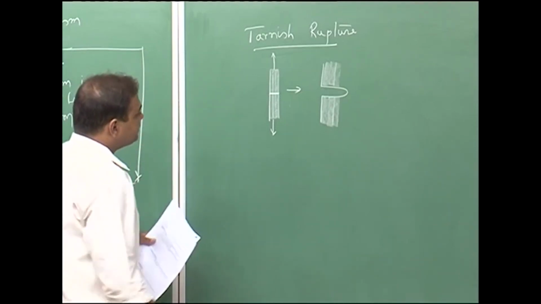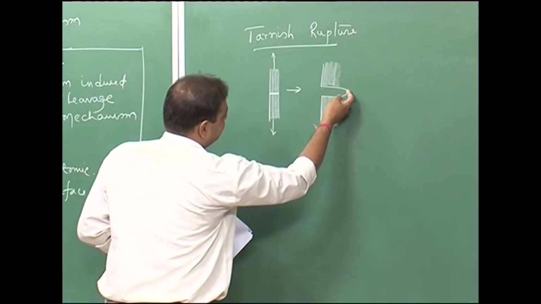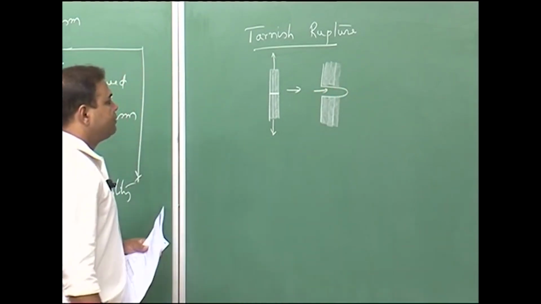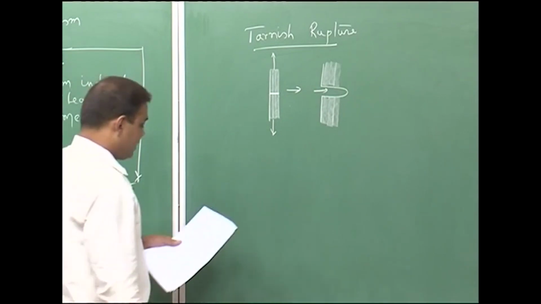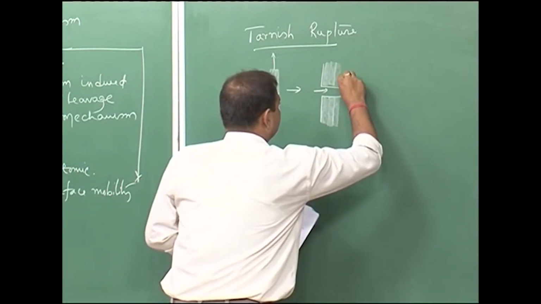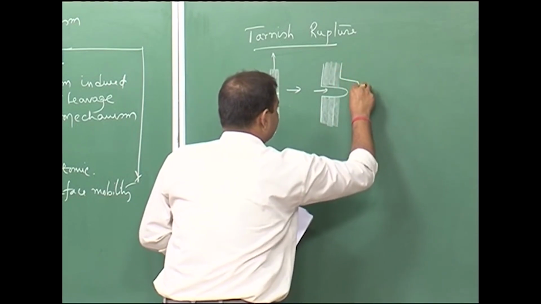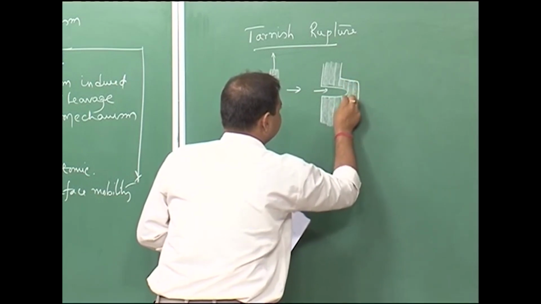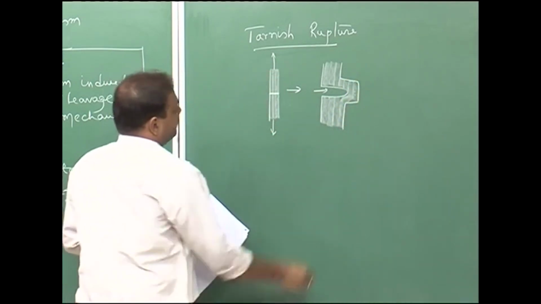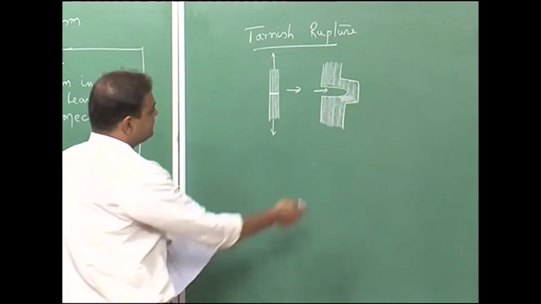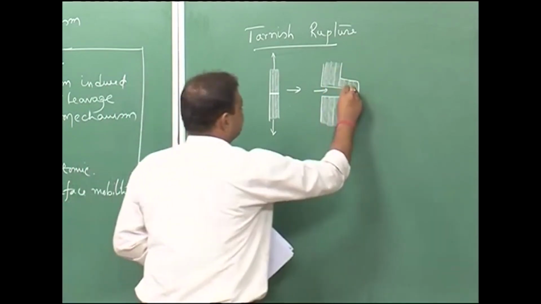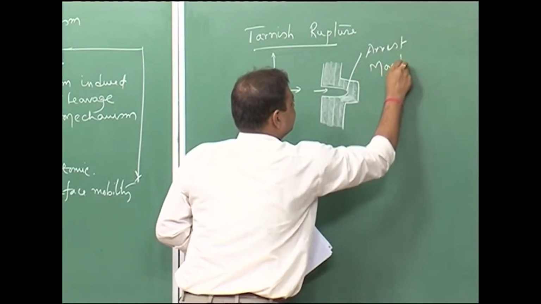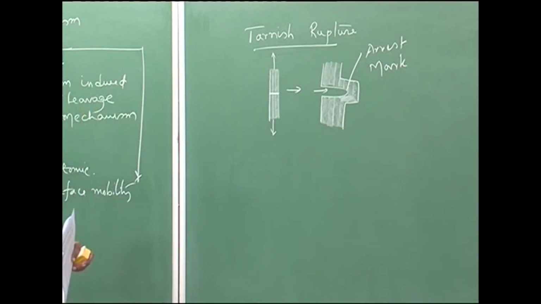Once this fresh metal surface is exposed to the solution, and here you have solution, because of the corrosion reaction you can have passive film formation again. This is the reformation of the passive film, and the crack stops. So, here you have an arrest marking. The crack is getting arrested.